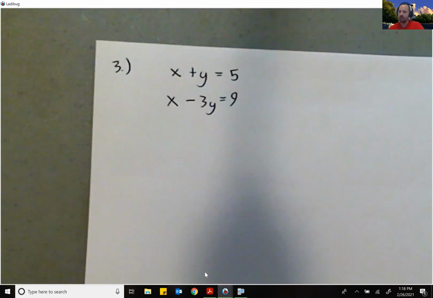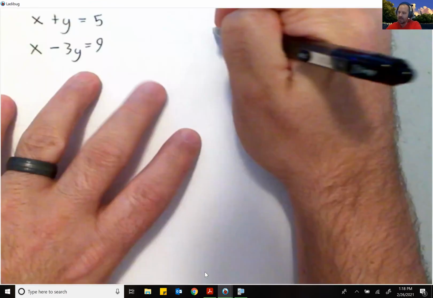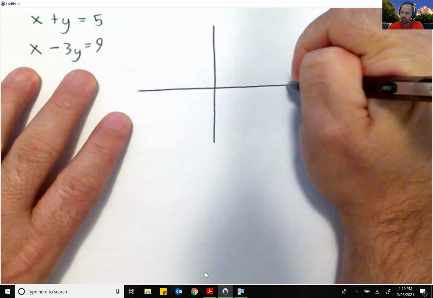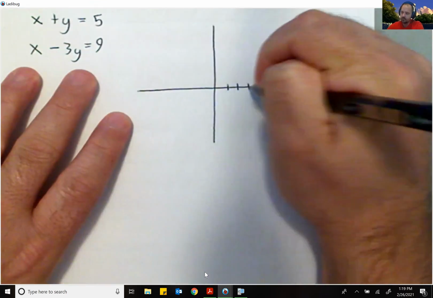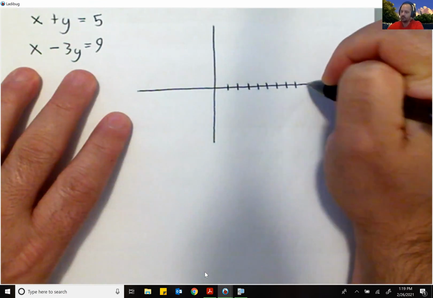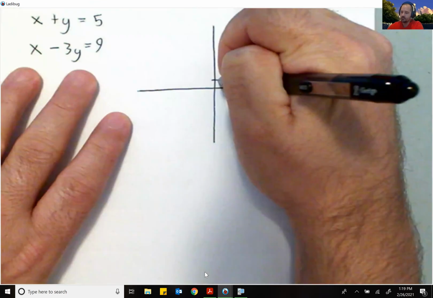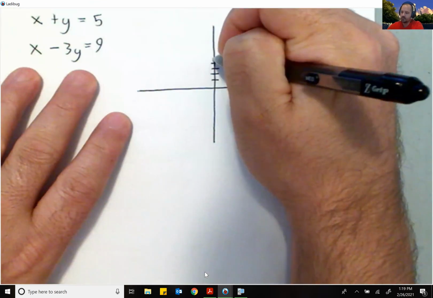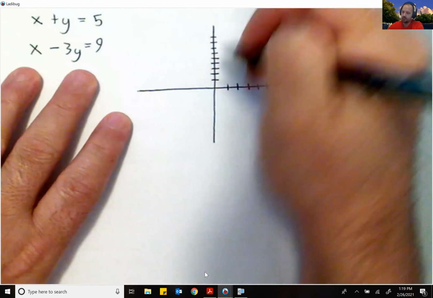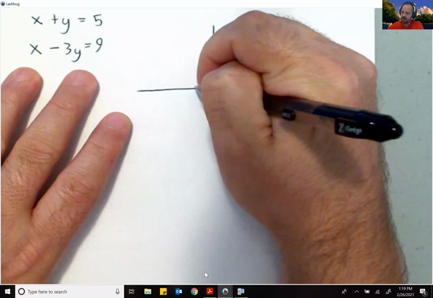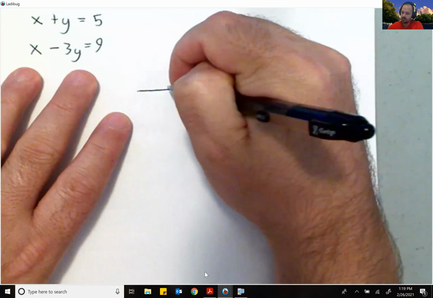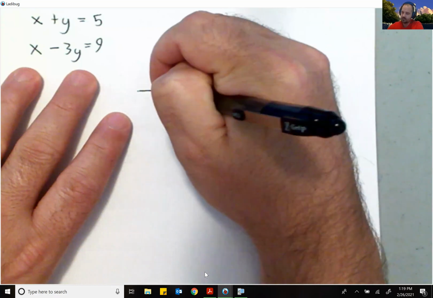So remember, this is all in my math lab. So it has a graphing system. 7, 8, 9. Doing my best to keep this as even as possible. 5, 6, 7, 8.